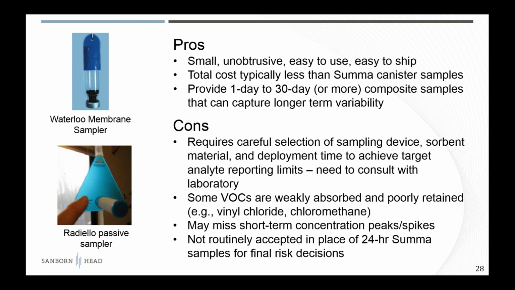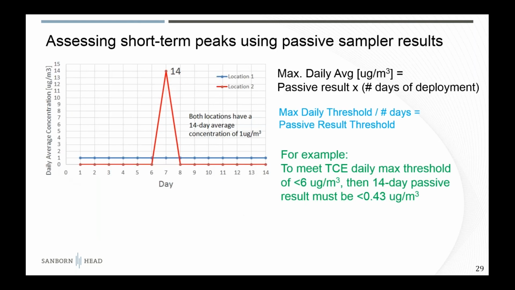You can still use a passive sampler to figure out, at least theoretically, what your peak might be, and that's on this slide. You can come up with the theoretical daily peak concentration from a passive sampler by multiplying the passive result, say it was 1 microgram per cubic meter, that's the long-term average, by the number of days of deployment.